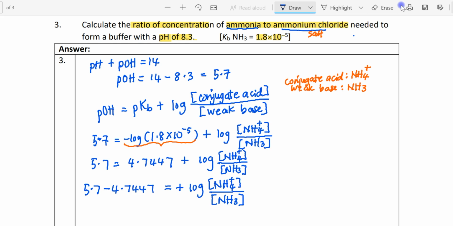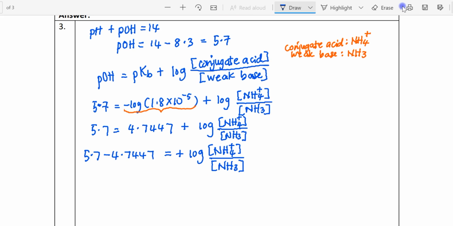Next, move the log from the right side to the left side, and it becomes anti-log, which means 10 to the power of 5.7 minus 4.7447, equals the concentration of conjugate acid over the concentration of weak base.